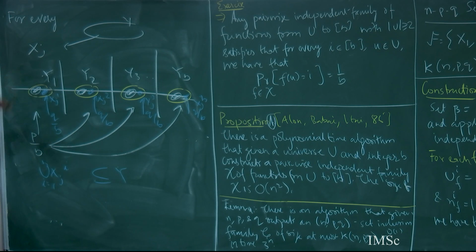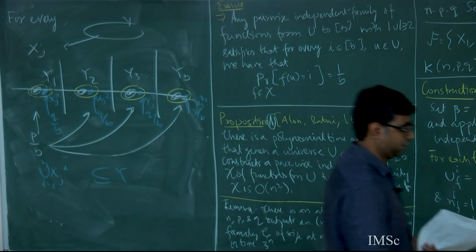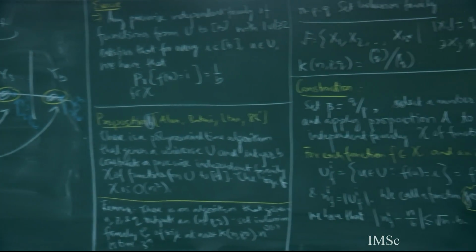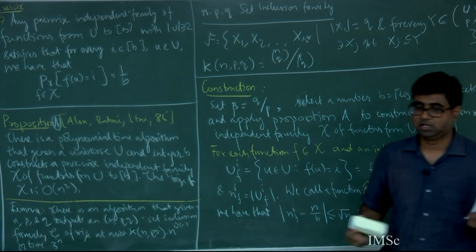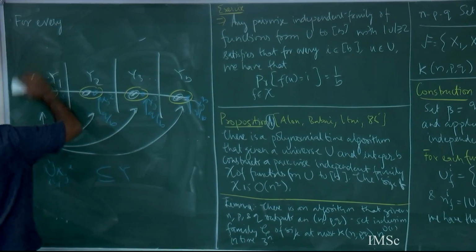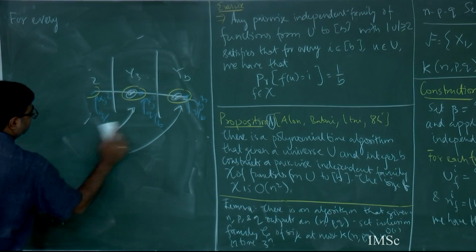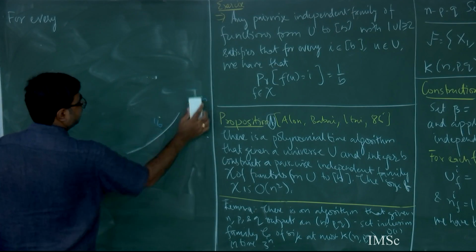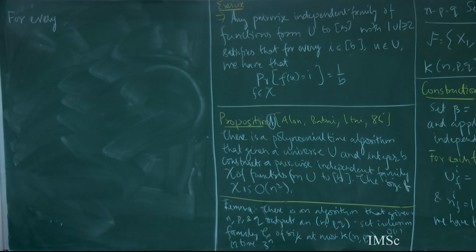For that also I say, look, there are q elements I need to cover, so I will cover q by b here, q by b here, q by b here, and q by b here. So that's the whole idea. Now, all I'm going to do is make that symbolically correct. This is exactly what we are trying to implement as an idea.